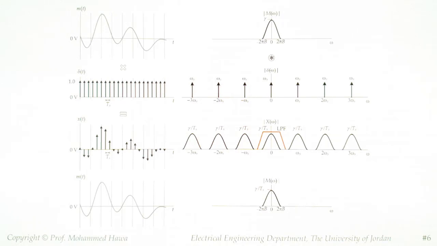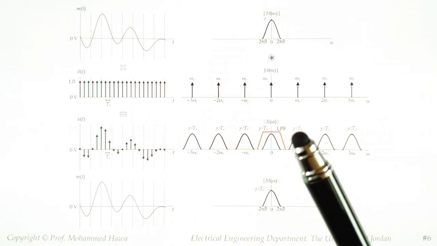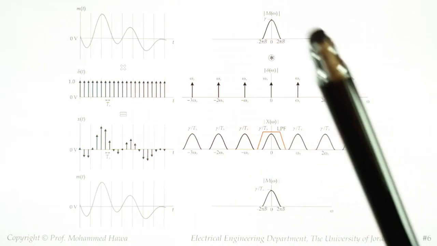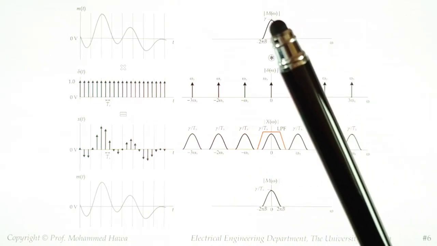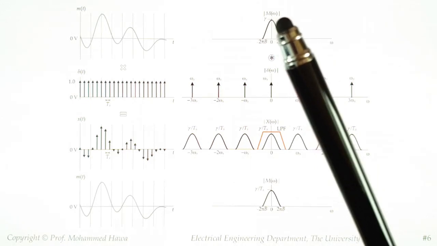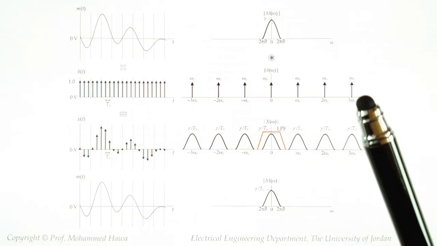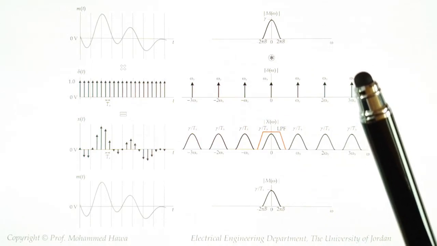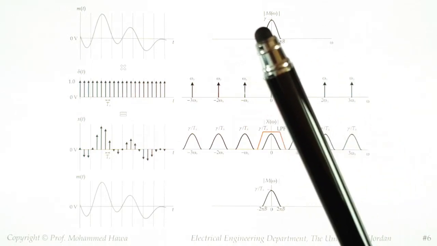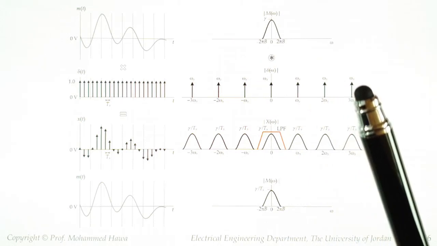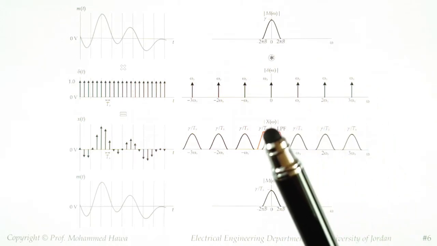However, please, as you calculate the Fourier transform of X of omega and pass it through a low pass filter, be careful about those magnitudes that you get here. Assuming that my original M of omega has a maximum magnitude of gamma, remember that when you do convolution with an impulse, you have to scale by the area of the impulse. So what you're going to get is gamma multiplied by omega s for each maximum here.